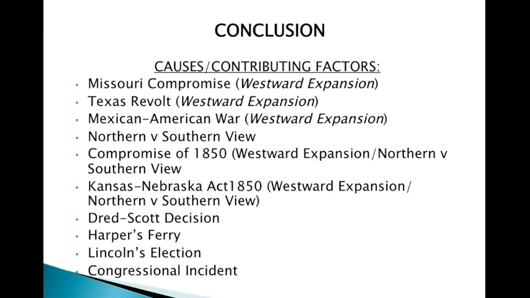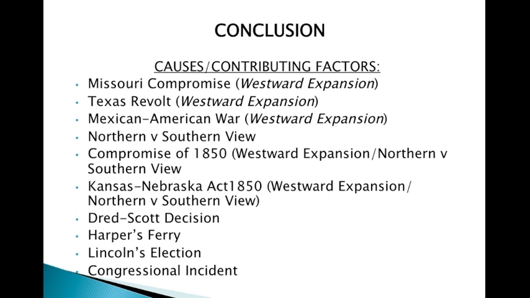There was the North versus Southern view. The North's view was that America should progress with free labor and get rid of slavery, whereas the South wanted to expand slavery.